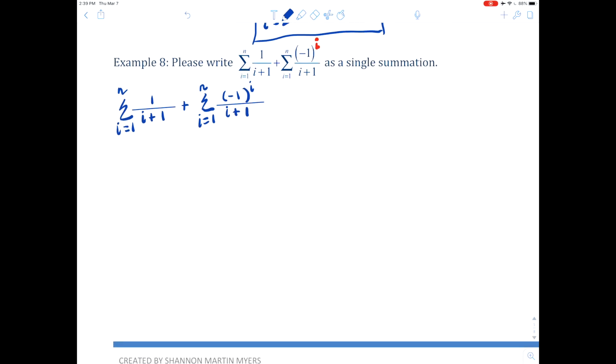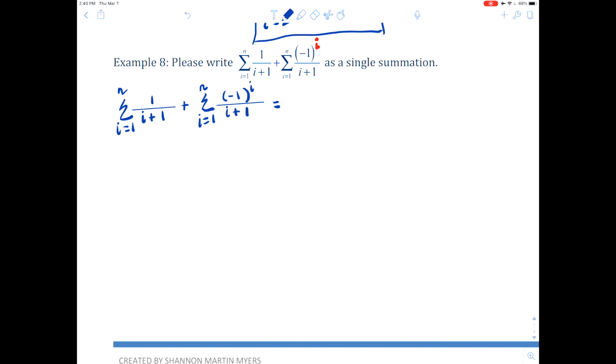Well, notice they have the same denominator, right? And we just compared that the indices of the summations were the same, and the initial limits of the summations were the same, and the upper limits of the summations were the same.